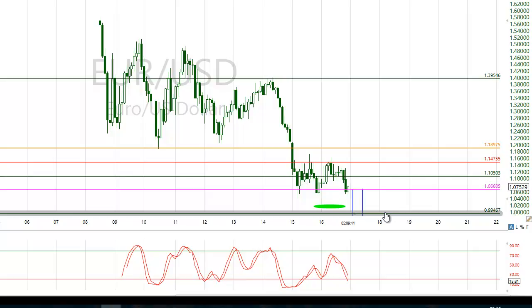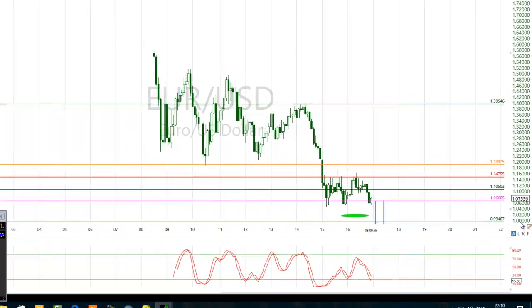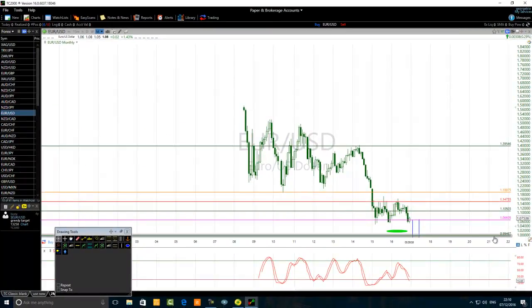All right, so remember that. If it dips below 10660, the professional trader will prefer to push it down to the parity level, which is 10000.